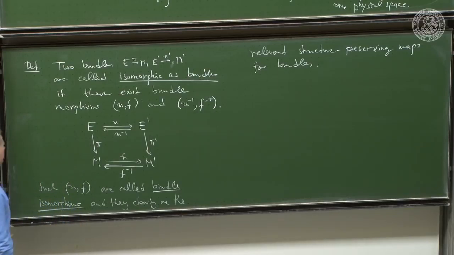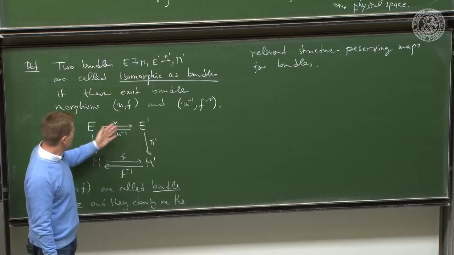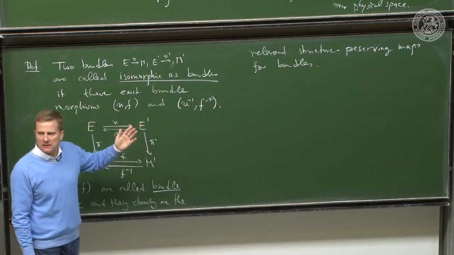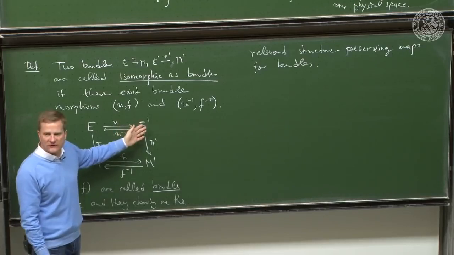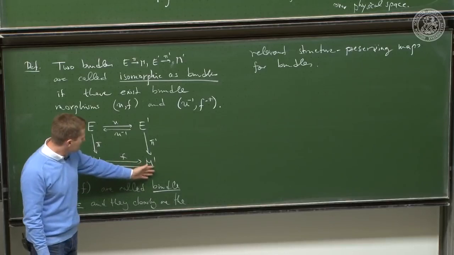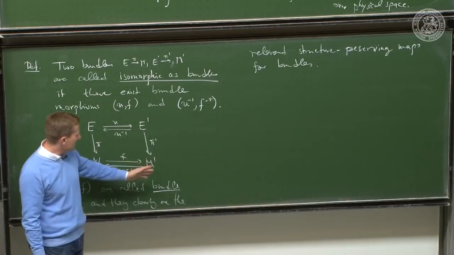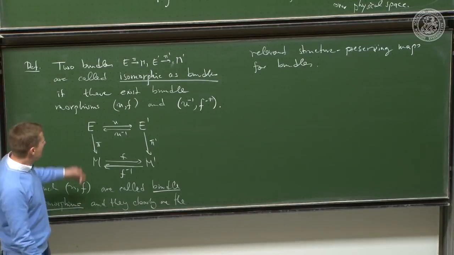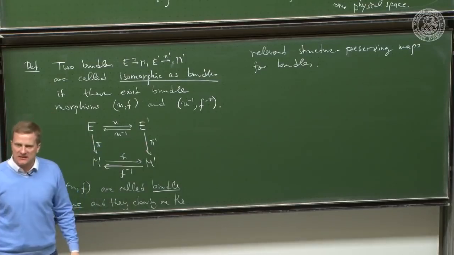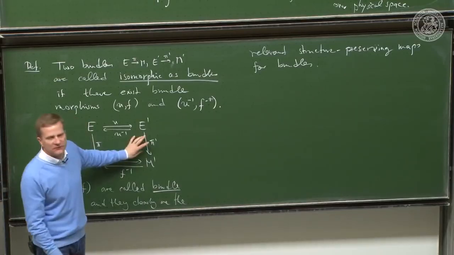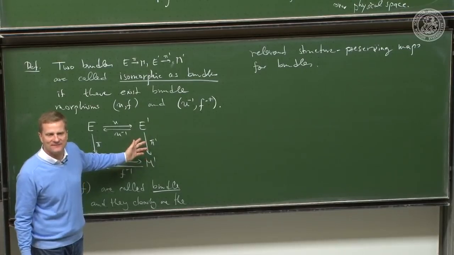So you could have two total spaces, E and E prime, that are homeomorphic, isomorphic as topological manifolds. And they have respective base spaces, M and M prime, that are homeomorphic as manifolds. But they're just not isomorphic as bundles, because in one, the projection is defined differently from the other.